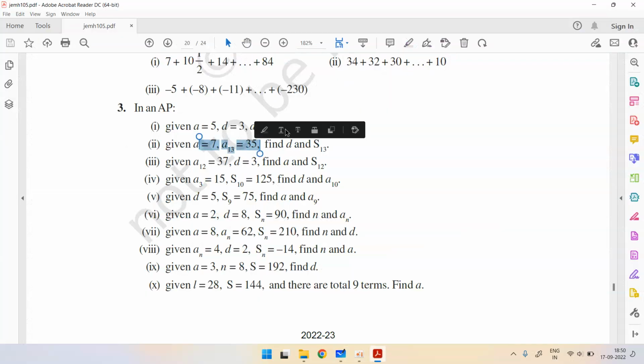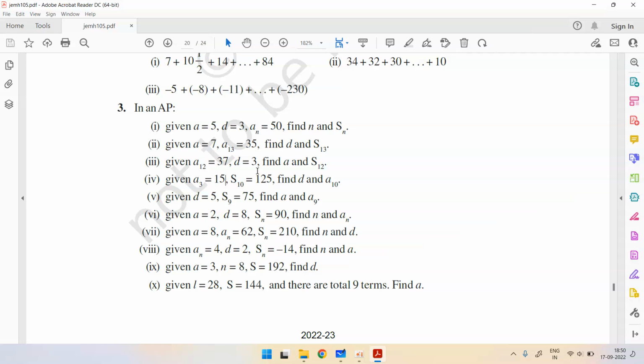a is given, a13 is given. You just need to find the value of d and S13. So a is given, this is 30, a13 is directly given to be 35, so n is directly given to be 13. So a plus 12d equal 35.